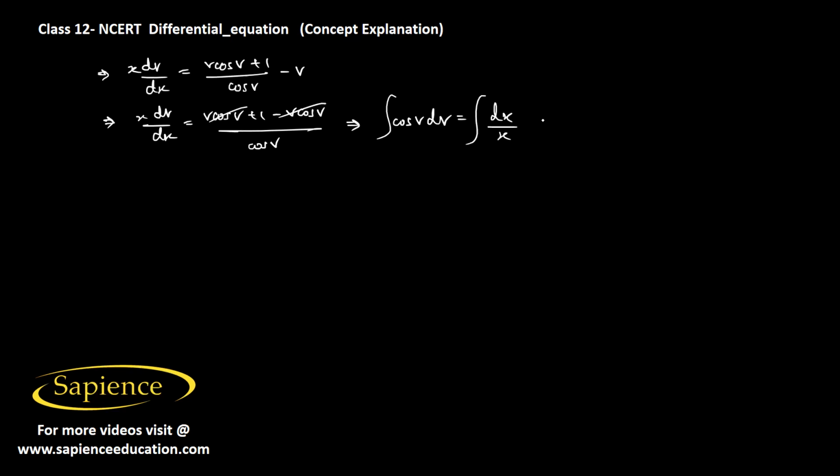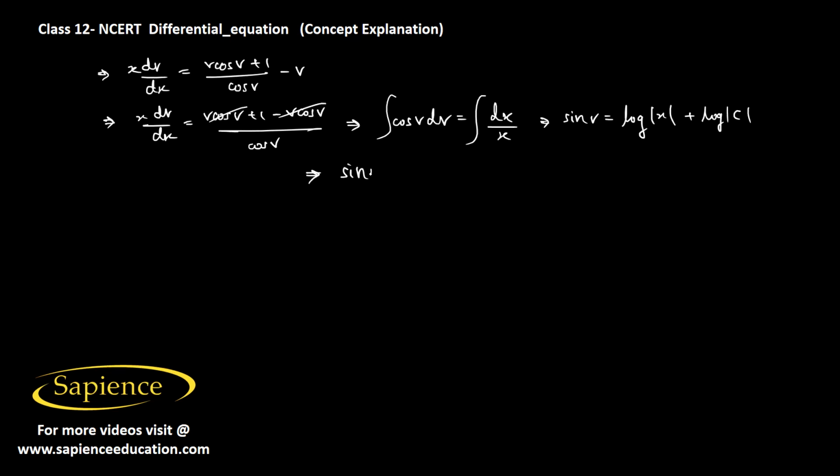So integral of cos v is sin v, and then integral of dx by x is equal to log mod x plus, we can write it as log c also, log mod c.